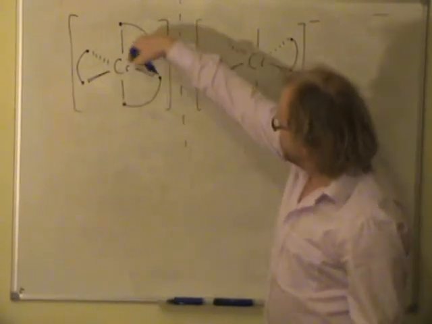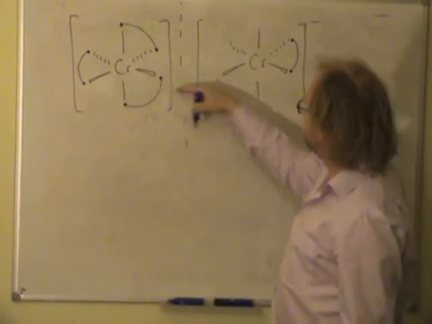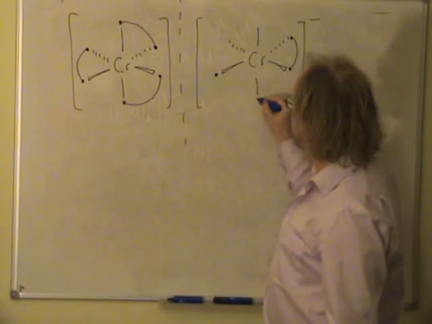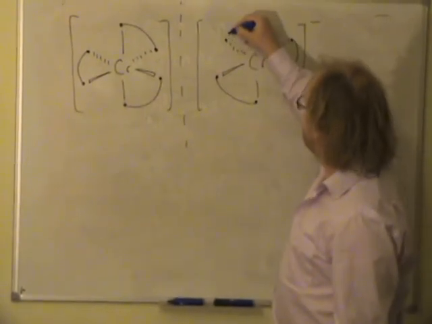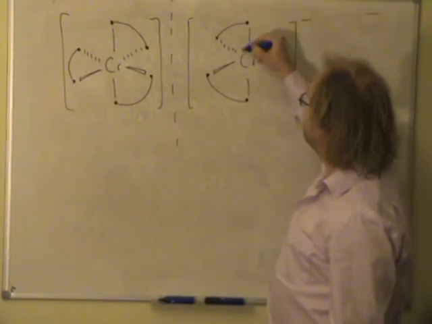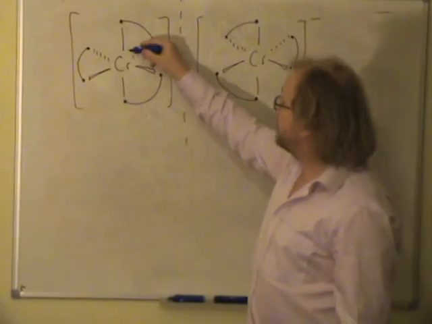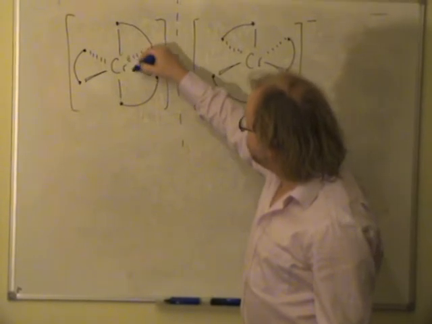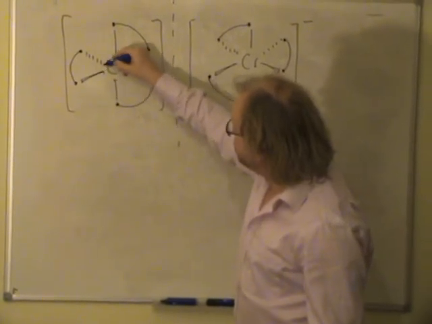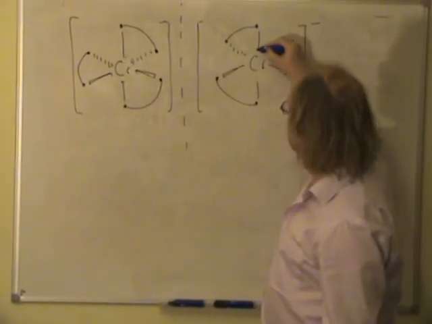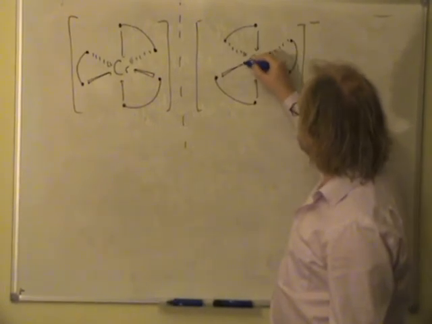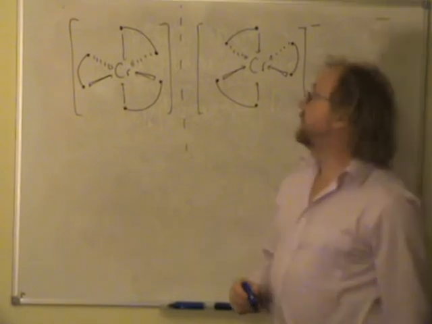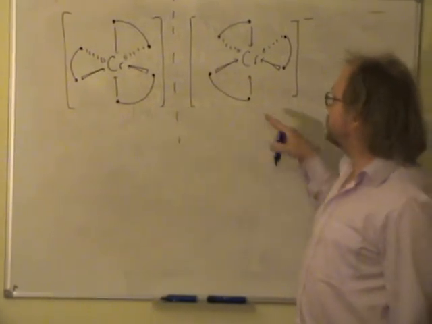This one's pointing sort of down to the southeast, so this one will be pointing down to the southwest, and this one will be up there. So those are the 2 mirror images. These ideally should have arrowheads on them because they're dative bonds, although they tend not to worry too much about that, so don't worry excessively about that, as long as you remember they are dative bonds. But the crucial thing is those are non-superimposable.